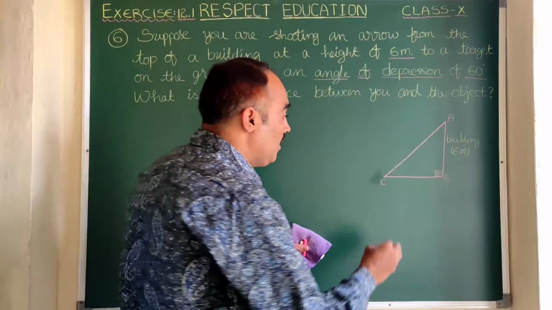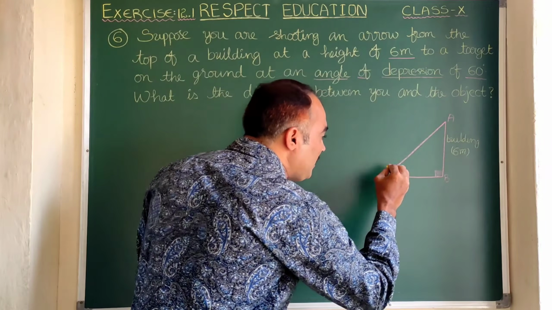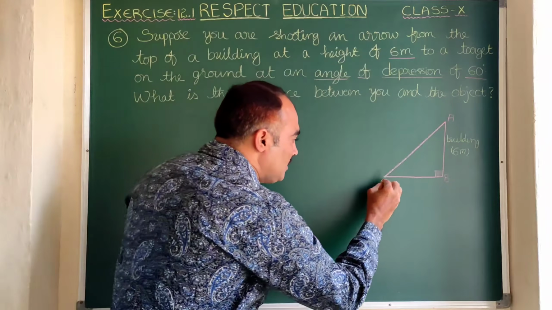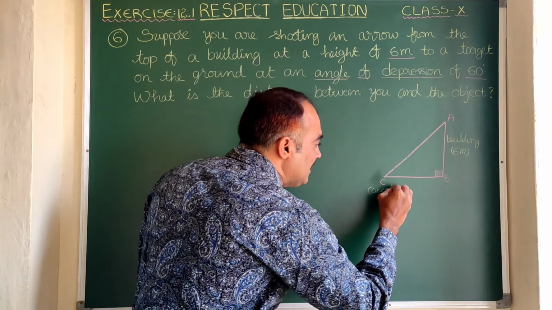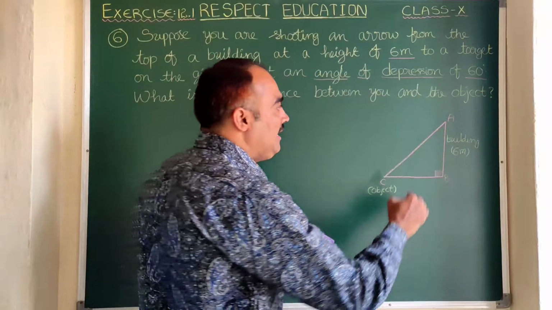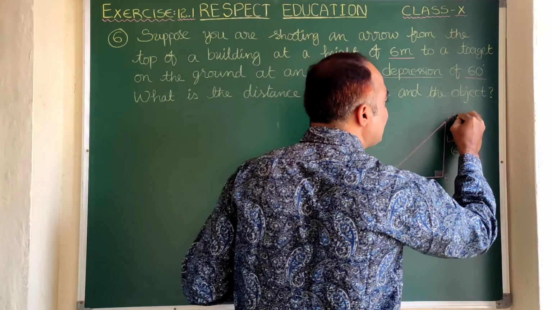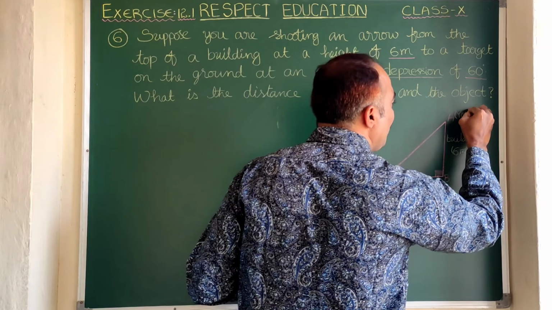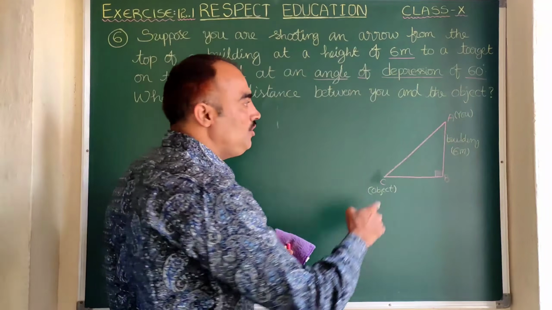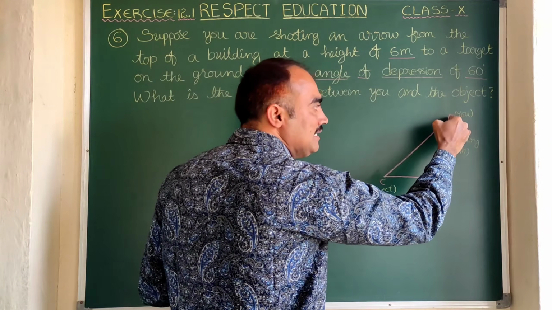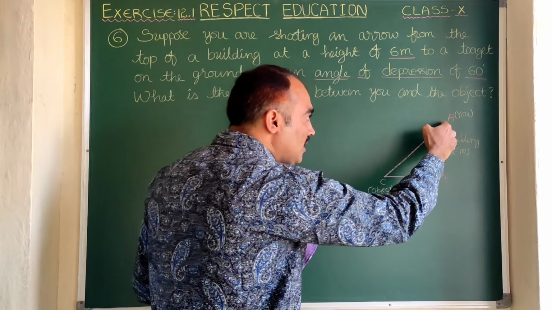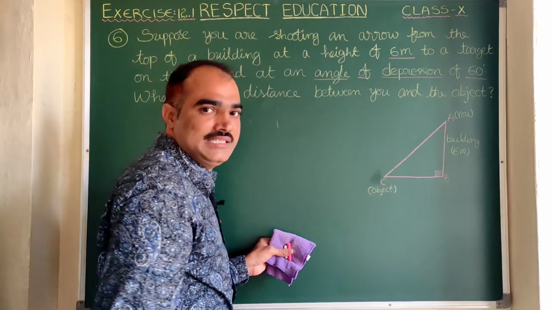Now this is the point that we are targeting, so C indicates the object. And this is the position where we are, so you are writing U. You are here, keeping target from the top of the building, that is A, to the object at C.